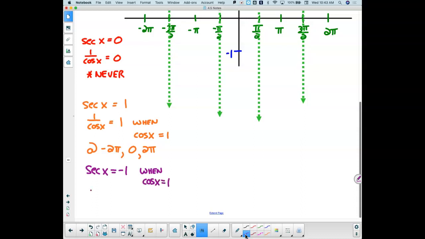And that happens at negative pi, pi, 3 pi, 5 pi, negative 3 pi. So the odd multiples of pi, right? Yes. So the odd pi's, but not 0.